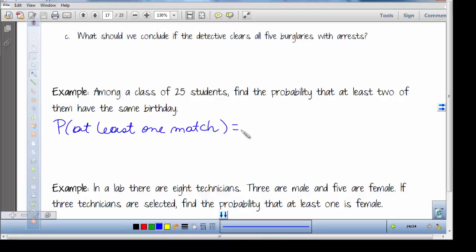Let's say two people had a match on one day and two people had a match on a different day. Okay, it would be just about impossible to calculate this without using this at least one rule. So what we're going to do is 1 minus the probability of 0 matches.